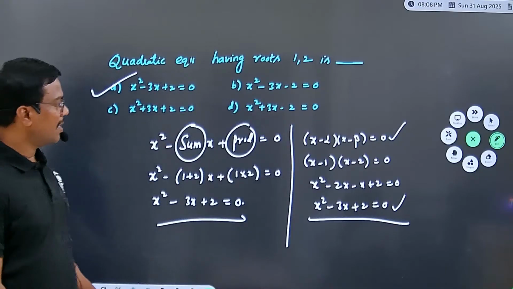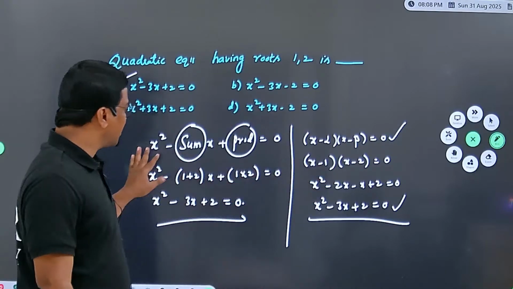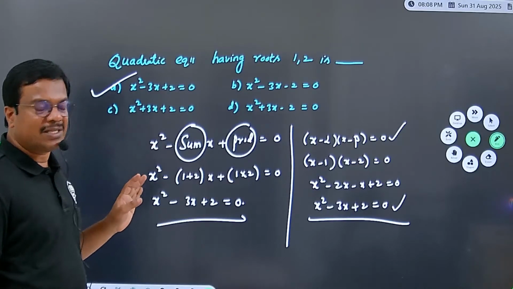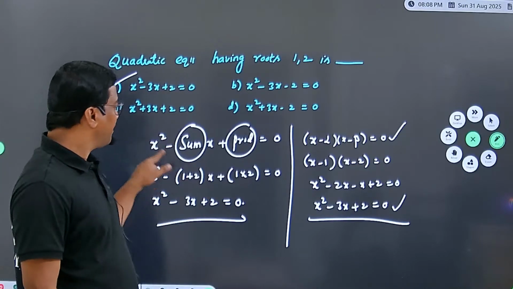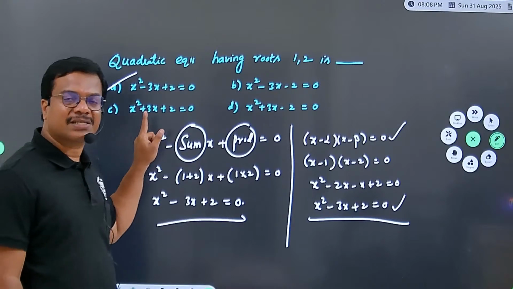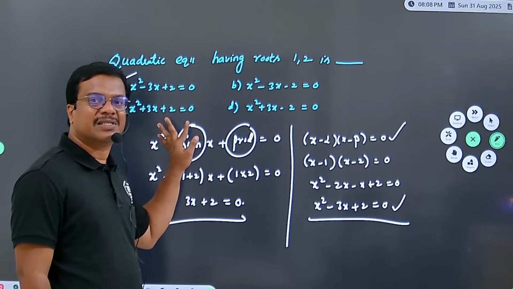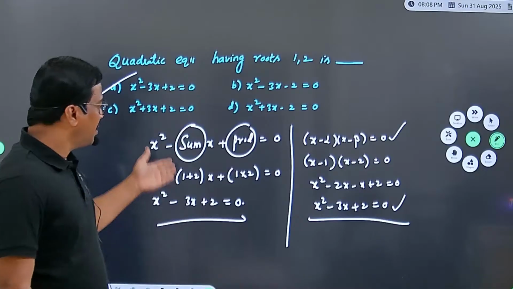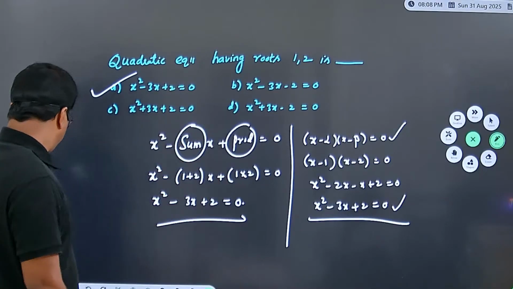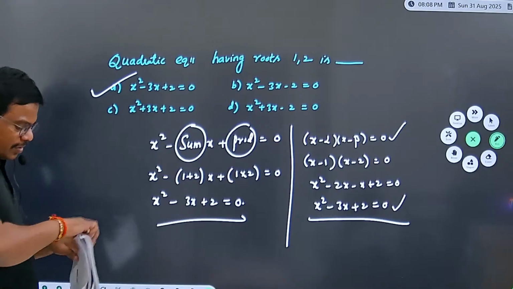But compared to this, the first one is simple. When alpha beta are the roots of the equation, simply use this result, x square minus sum of roots into x plus product of roots equal to 0. Just write sum of roots and product of roots. That's all. Move to the next one.